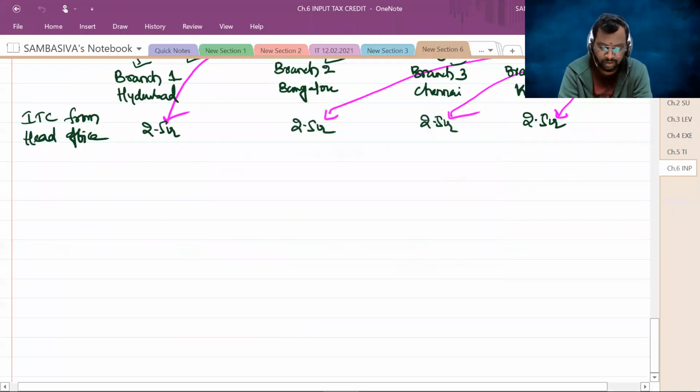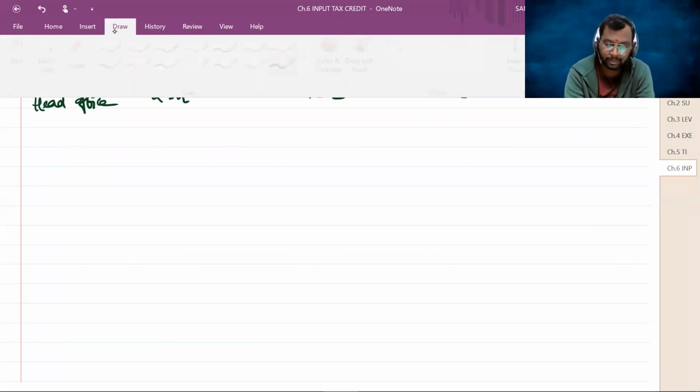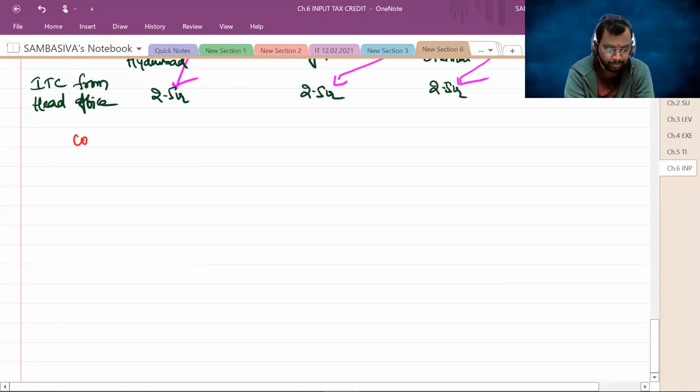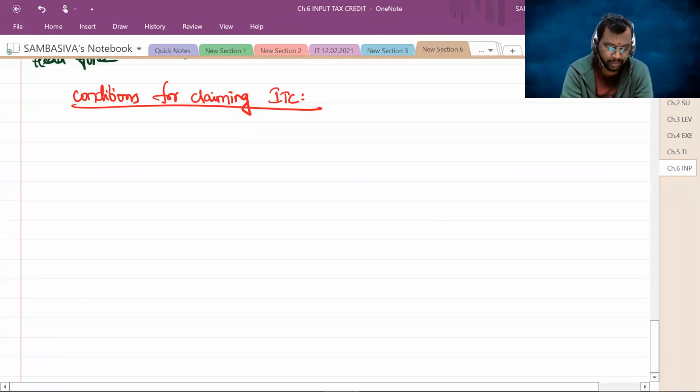So we are in the topic of conditions for claiming input tax credit. So look at the example.